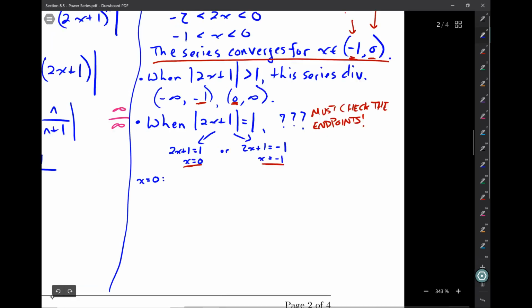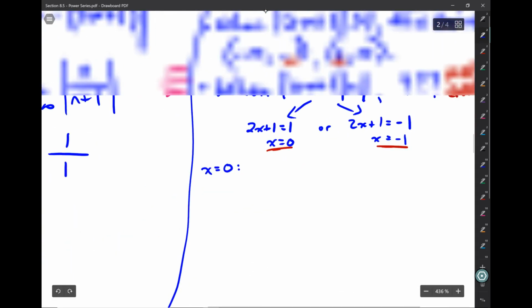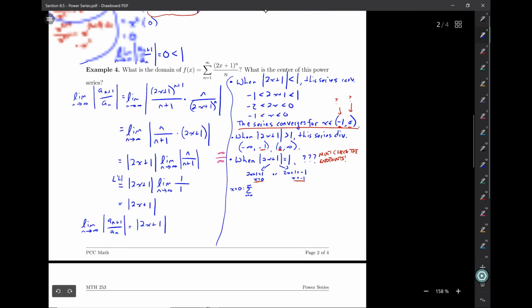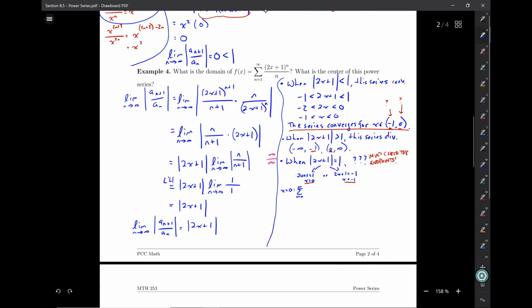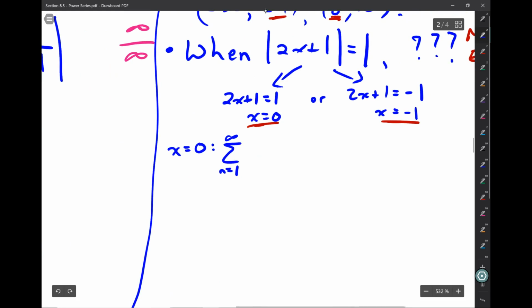Well, when x equals 0, going back to our original series, the sum as n goes from 1 to infinity of 2x plus 1 to the power of n over n. When x equals 0, we have a sum as n goes from 1 to infinity of 2 times 0 plus 1 to the power of n over n.